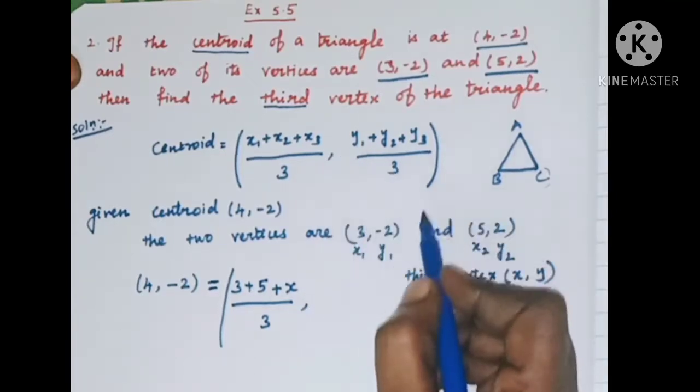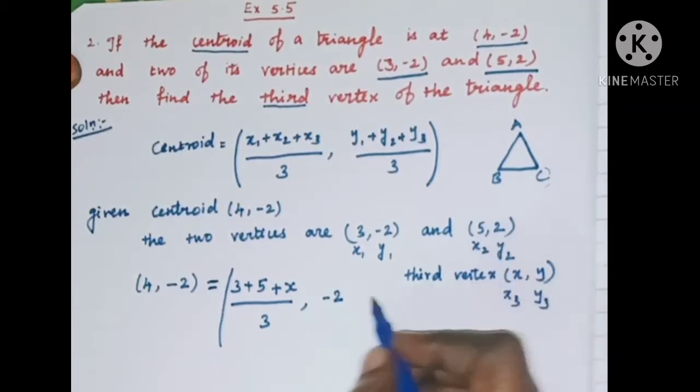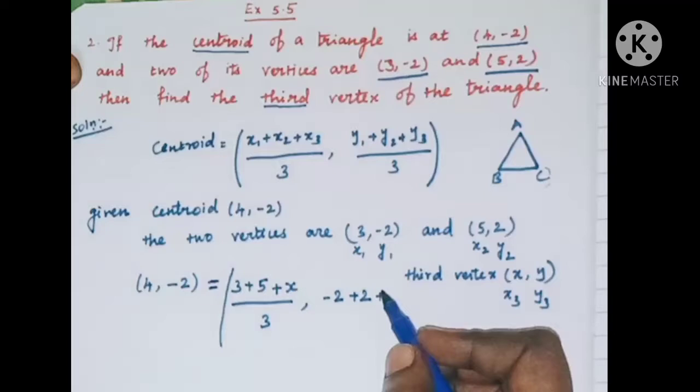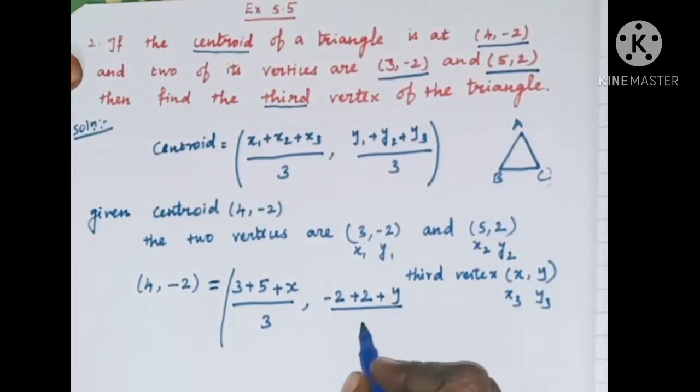The value of y1 is minus 2, plus y2, which is 2, plus y3, which is y, divided by 3.